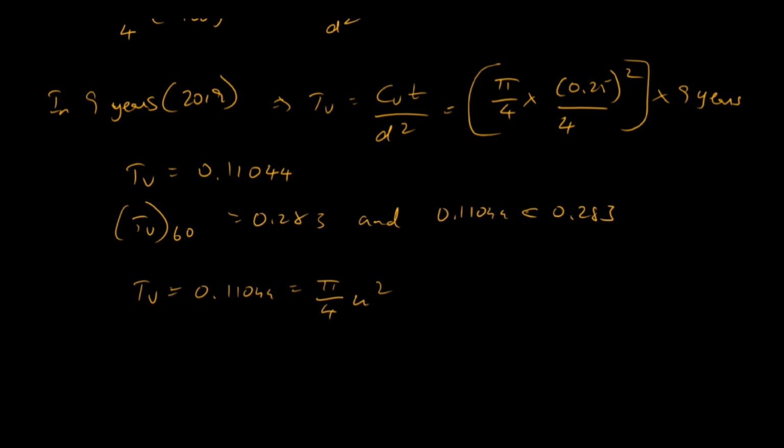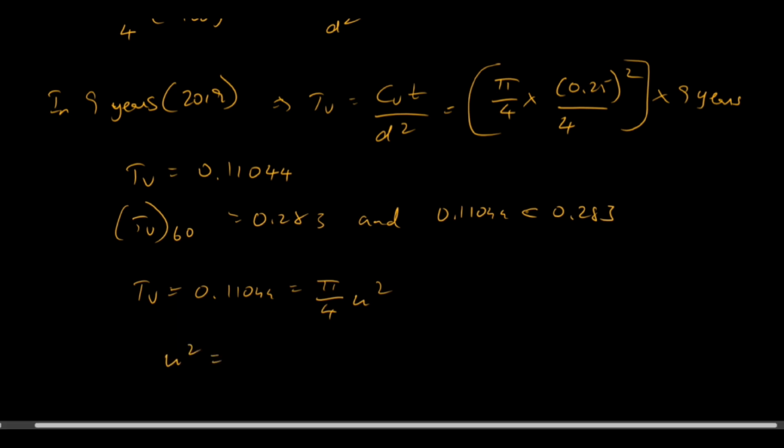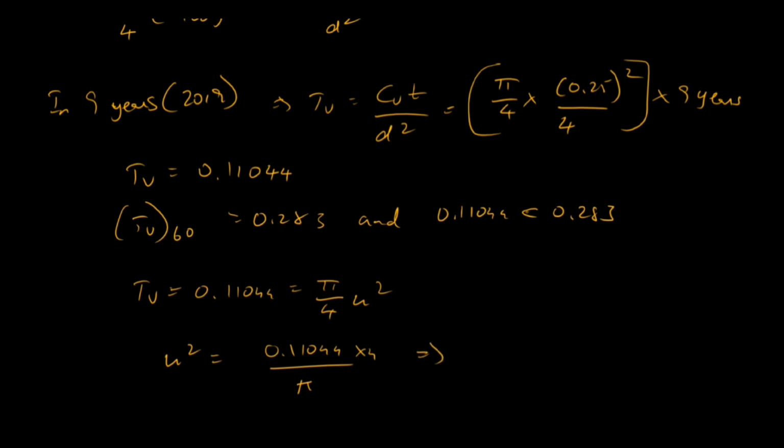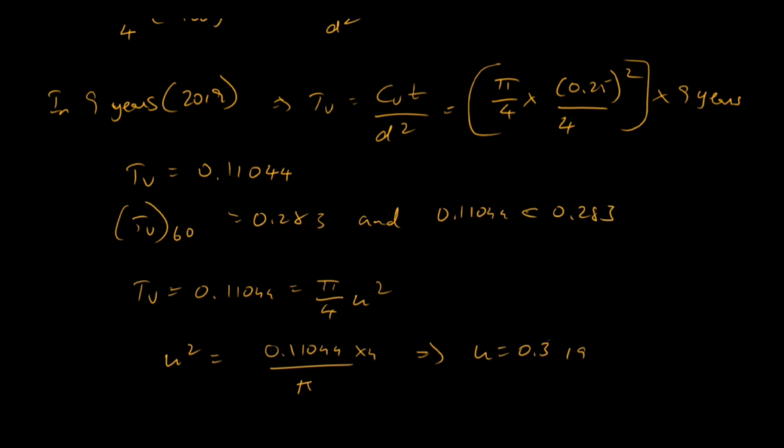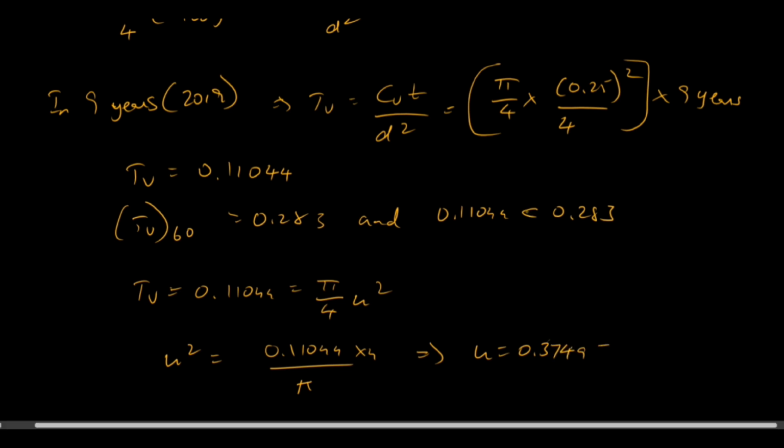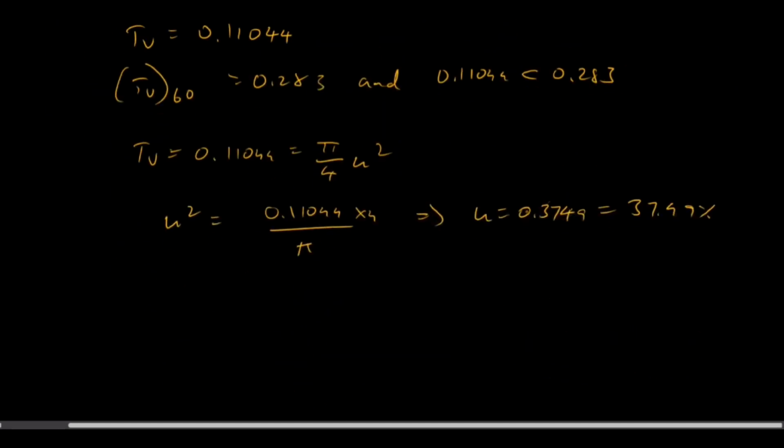Therefore, u square will be equal to 0.11044 divided by pi into 4. There we get u equal to 0.3749, which is 37.49%.